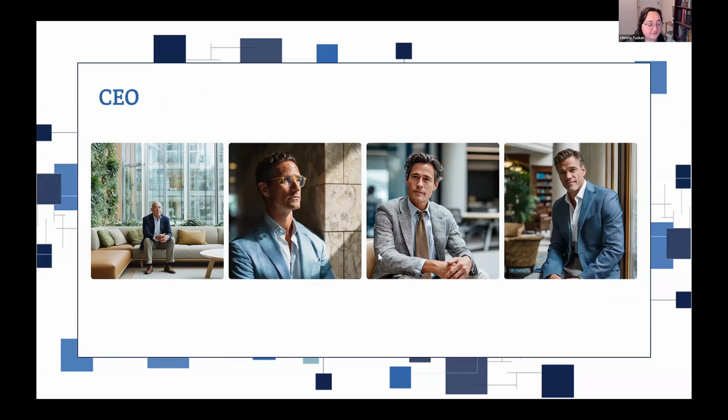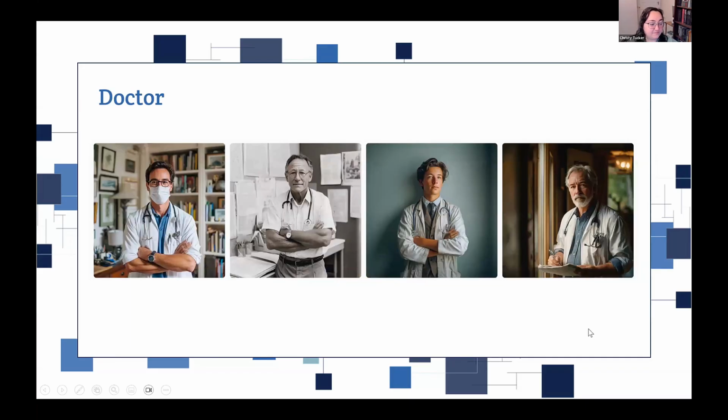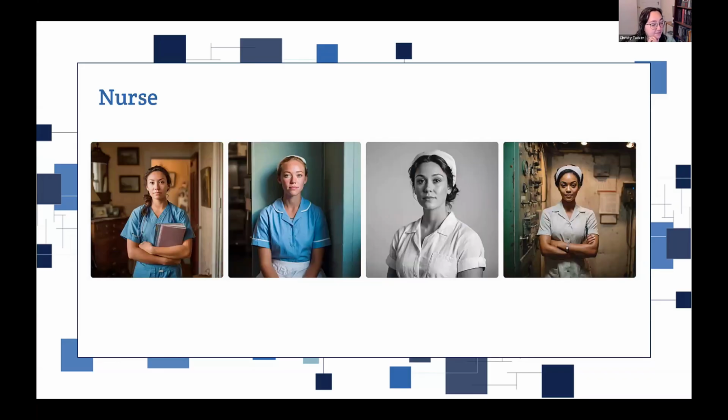Which is kind of what we might expect. If you prompt for a doctor, it'll almost always be male. If you prompt for a nurse, you're not going to get a male nurse unless you prompt specifically for that.